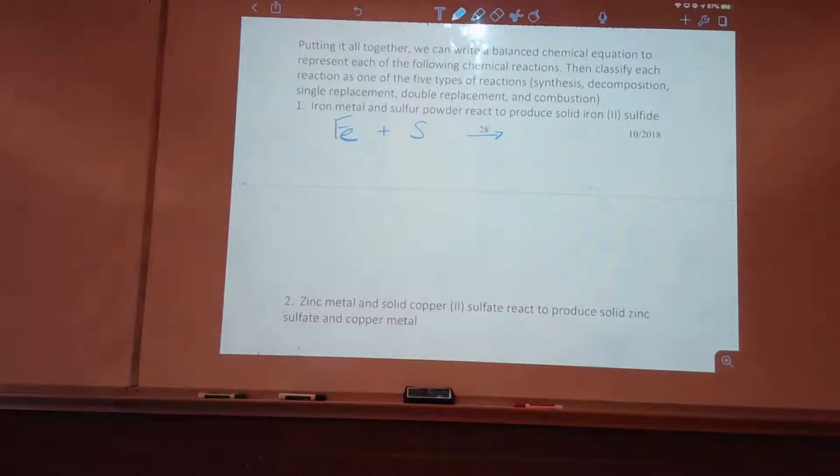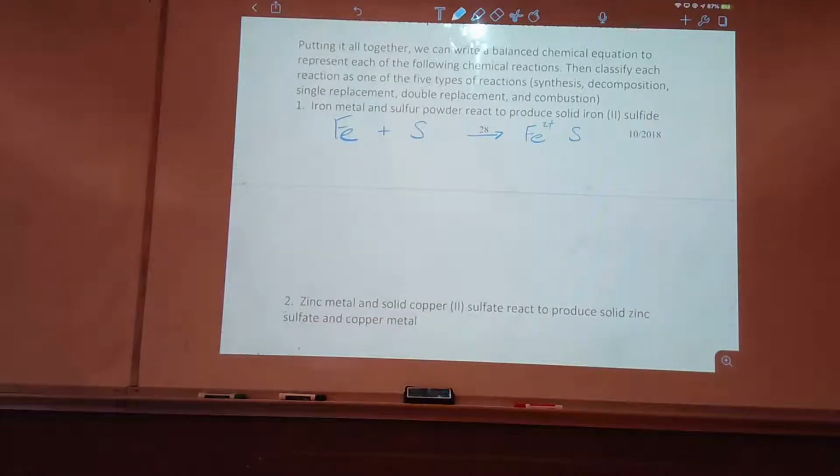So we're going to put a little arrow for the react. And that says iron 2 sulfide. What would that formula be? FeS. And would we have 2 of them? Let's think about the charges here.